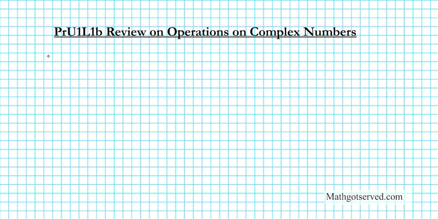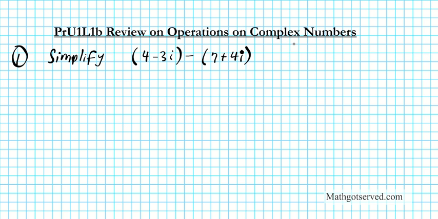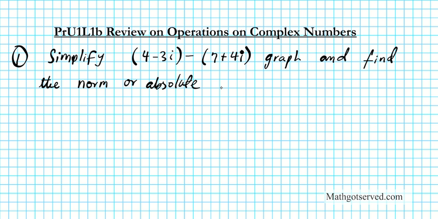We're going to start out by considering example 1. Let's write down the instructions for that. It says simplify 4 minus 3i minus 7 plus 4i, graph, and find the norm or absolute value of the solution.